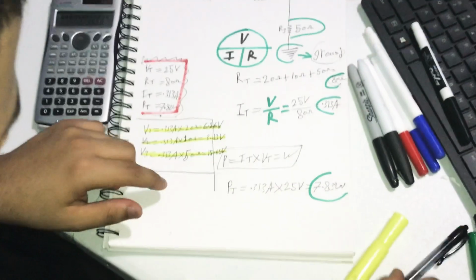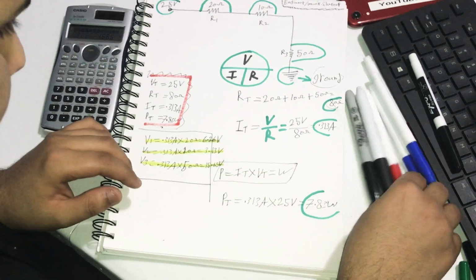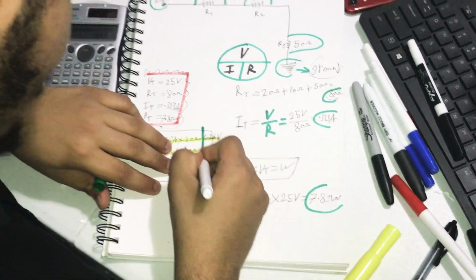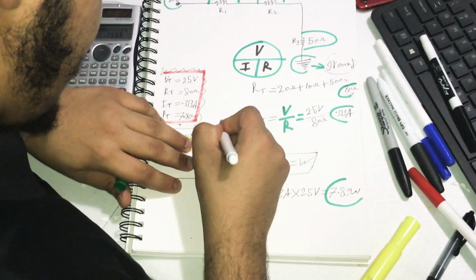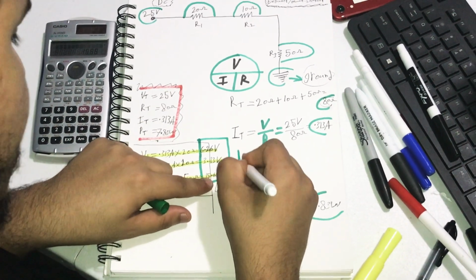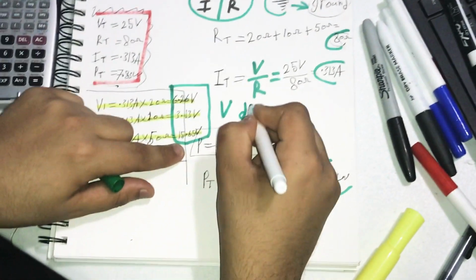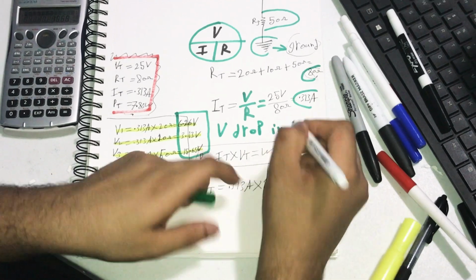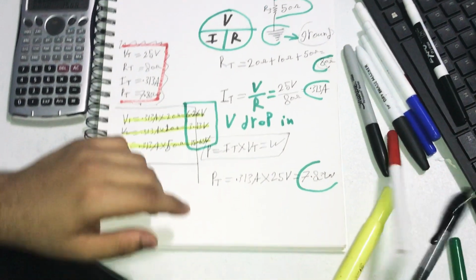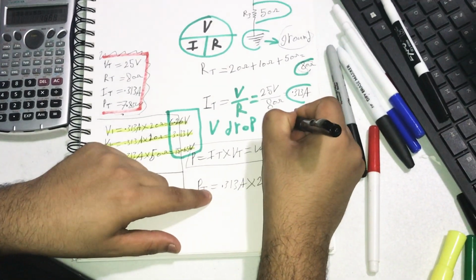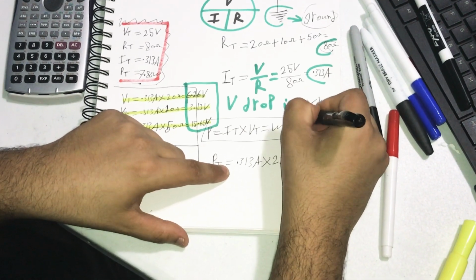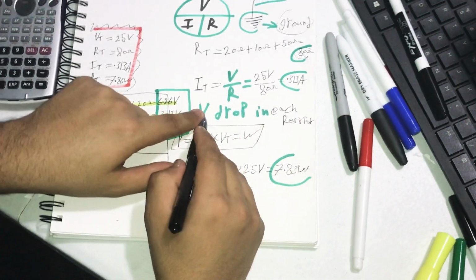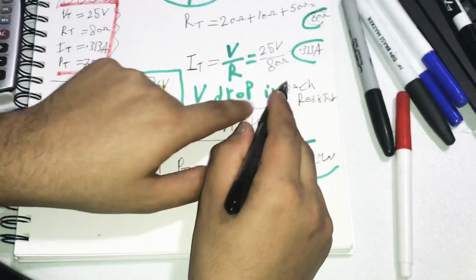So we need to put these answers, the voltage drop, in each resistor. The V drop, the voltage drop in each resistance.